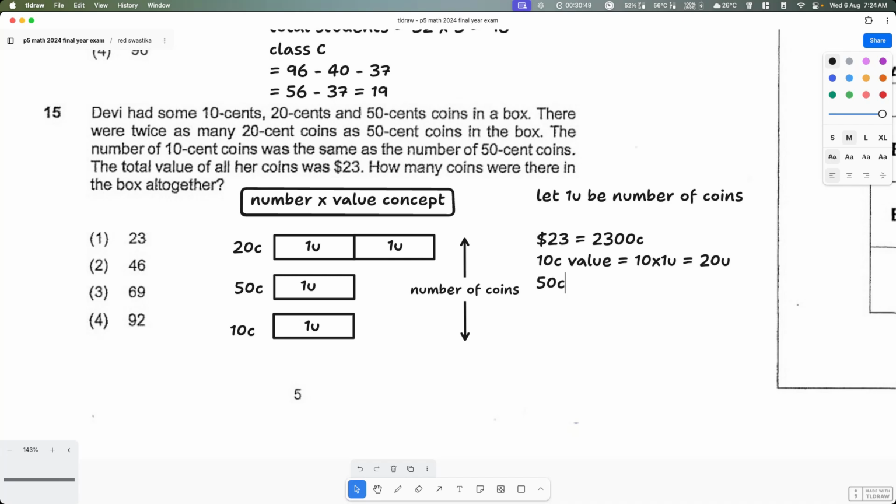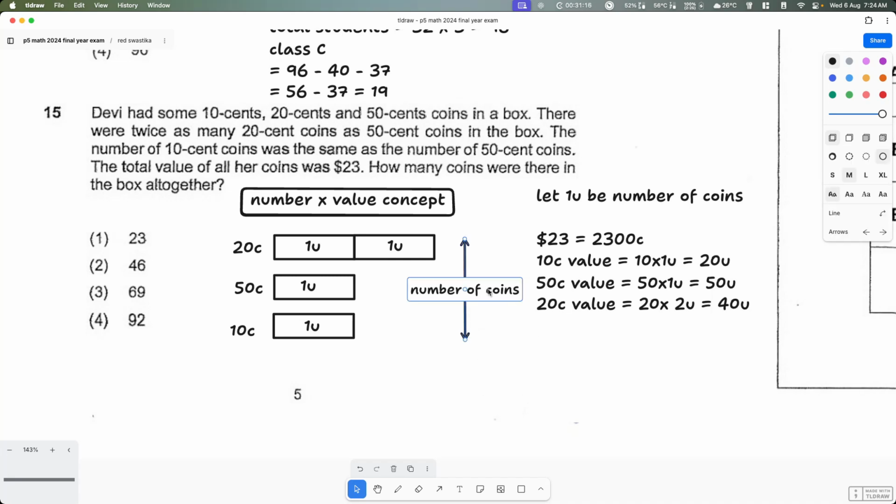Then we have 50-cent value is equal to 50 times 1u is equal to 50u. Then lastly, 20-cent value is equal to 20 times 2u, which is 40u.